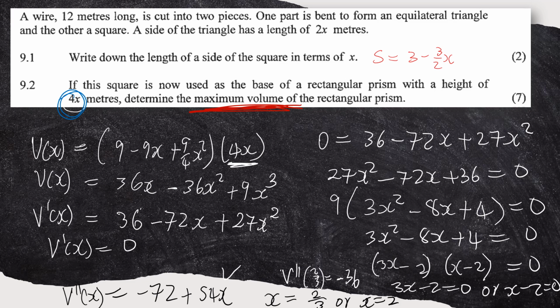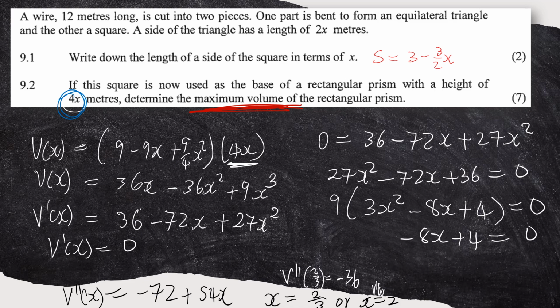Now if I substitute x equals 2 into the second derivative, minus 72 plus 54 into 2, it gives me positive 36. I'll just have to erase some things here for the sake of space.